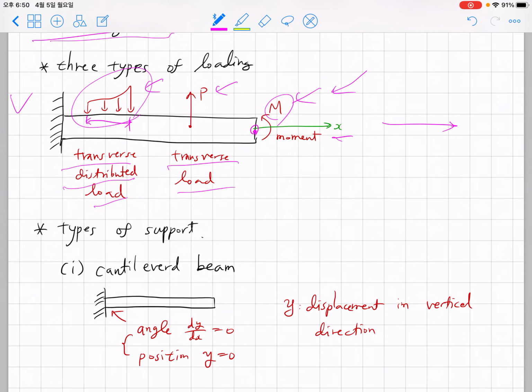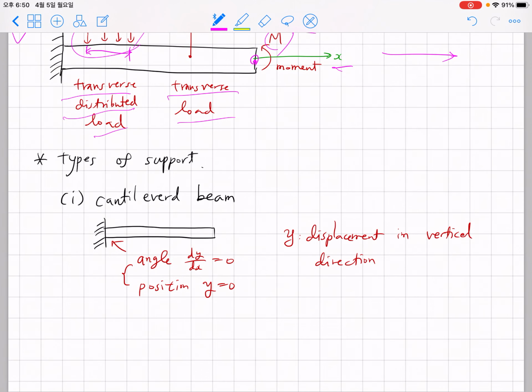After we discuss the three types of loading, we'll discuss three types of support that make the beam bending problem a statics problem. Without any external support, unless you make a really careful arrangement of external loadings, your structure will not stay in mechanical equilibrium, right?